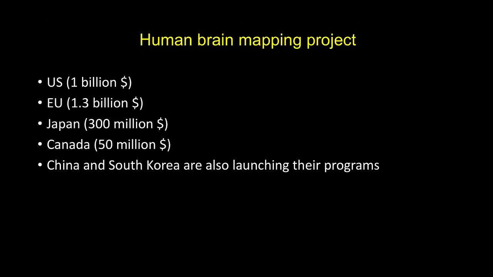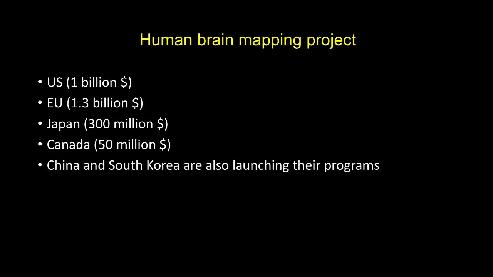To map the human brain, there have already been quite a few initiatives, especially in the US and in the EU, spending about $1 billion to map the brain, or at least to start mapping it. Japan and Canada also launched their own human brain mapping projects, and China and South Korea are also planning to start their own programs.